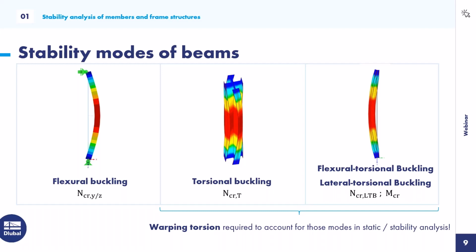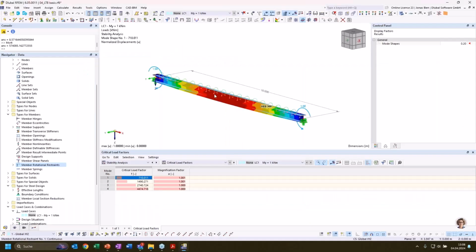And of course, if we are interested in local buckling of the cross section, we could extract from these beam models a shell model. That is quite easy in our software.